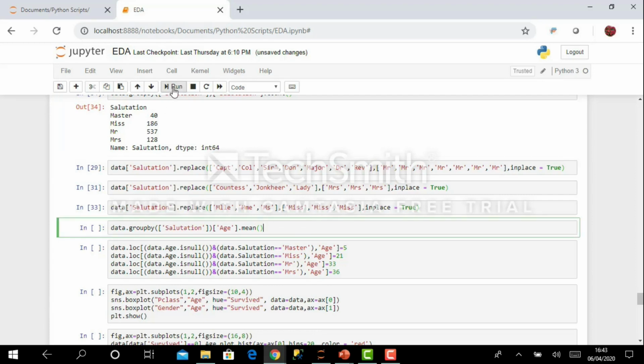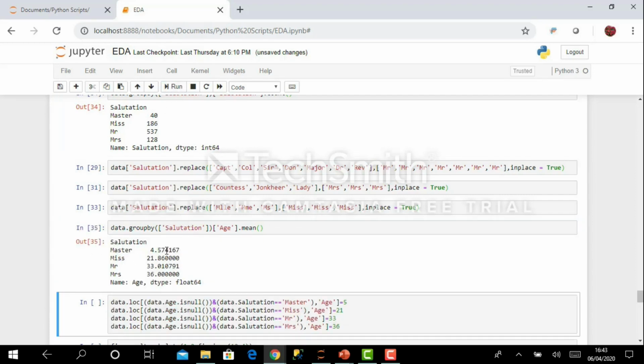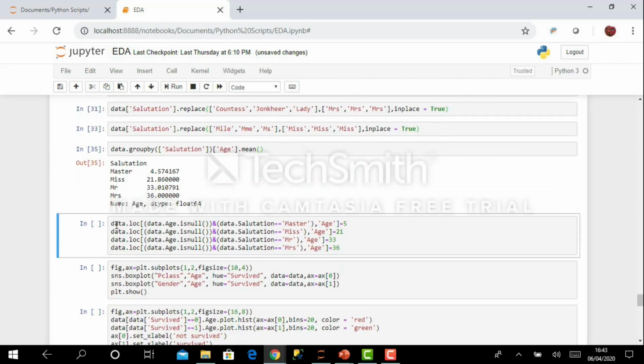If you execute this, you can see the average value for each category. Now in this next block of statements, you can see data.loc. The loc function we have already used. Inside that I am retrieving the records where the age column has a null value and the salutation is Master, and for the age column I am setting it as 5.